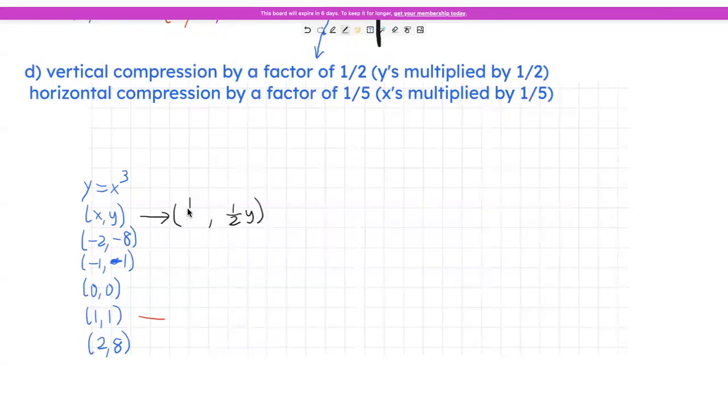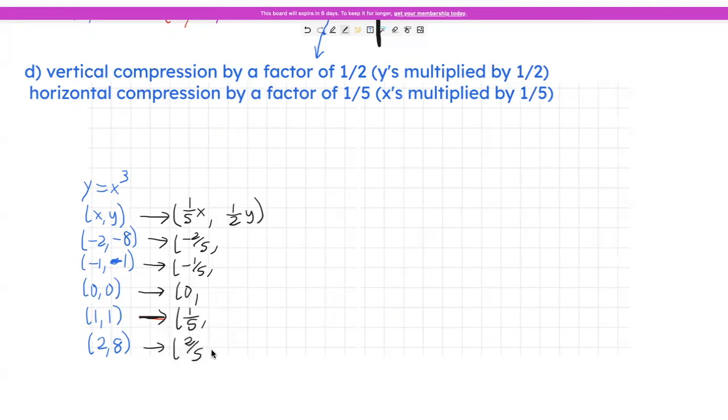So 1/2 y. Horizontal compression by a factor of 1/5. So the x values are multiplied by 1/5. So that's going to be -2/5, -1/5. 0 times 1/5 is 0. 1 times 1/5 is 1/5. 2 times 1/5 is 2/5.